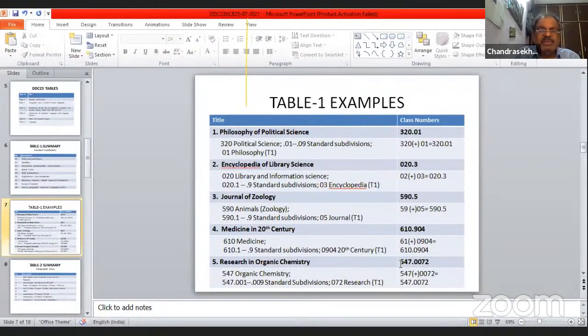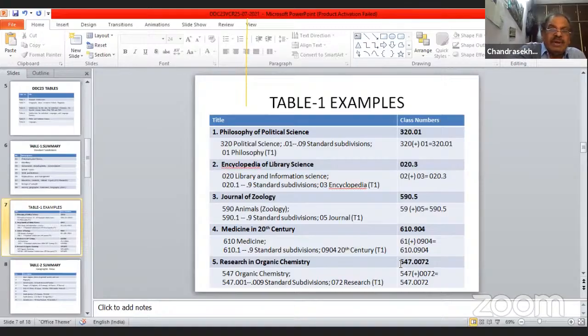Then encyclopedia of library science. 03 is encyclopedia. Library science is 020. Here, you have to see the instruction there. 020.1 to 0.9 is standard subdivision. So 03 is encyclopedia.